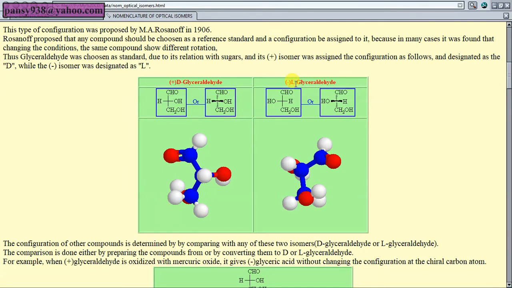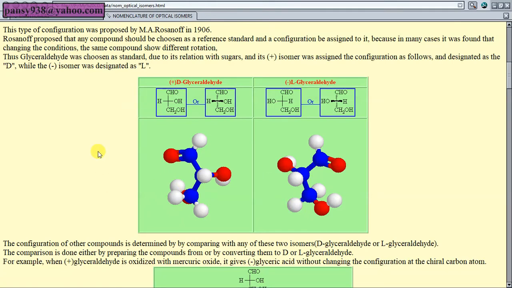Remember, D and L both are written in capital form, and we have observed that the L-glyceraldehyde is levorotatory, so it is represented by the negative sign in bracket, and D-glyceraldehyde is dextrorotatory, so it is designated by the positive sign in bracket.